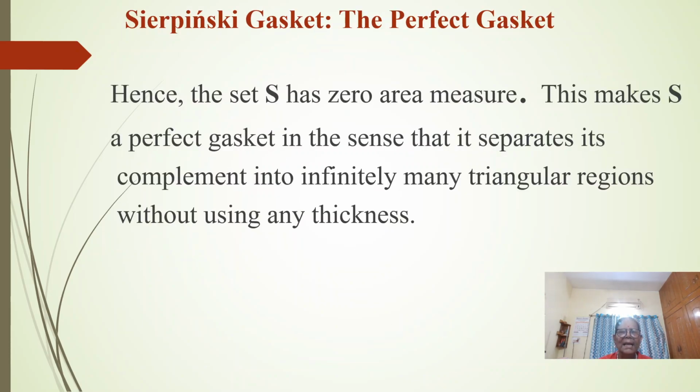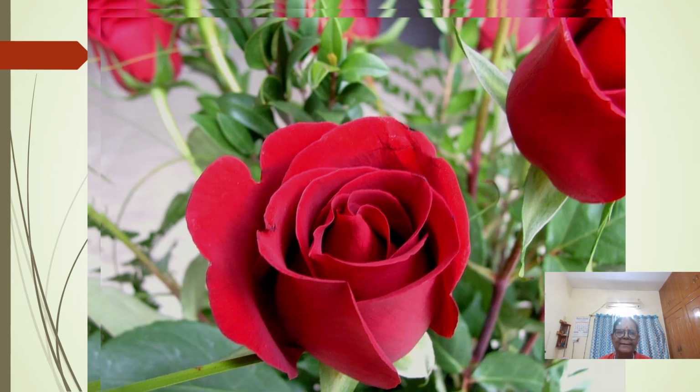Hence, the set S has 0 area measure. This makes S a perfect gasket in the sense that it separates its complement into infinitely many triangular regions without using any thickness.